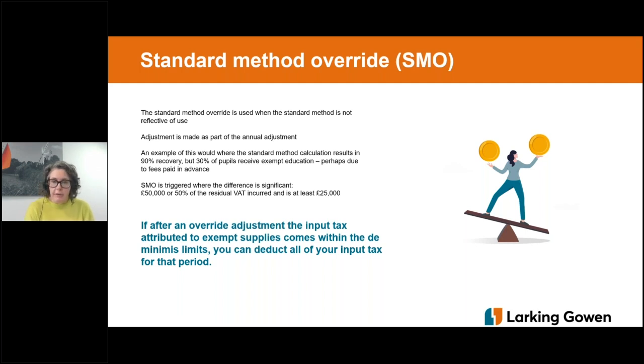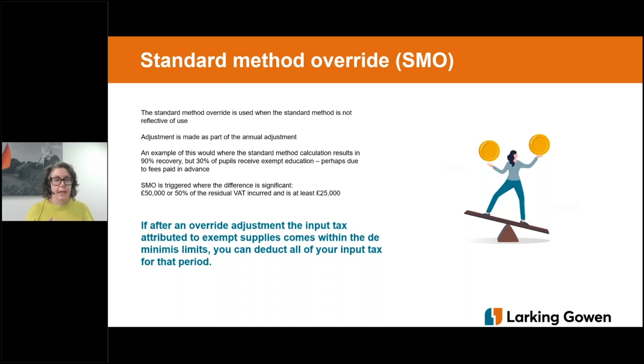So let's look at a little example. Our standard method calculation based on income gives us a 90% residual recovery rate. But perhaps 30% of our pupils are actually receiving exempt education, maybe because they paid fees in advance prior to the 29th of July 2024, so that's exempt income. We might need to think about the standard method override in that scenario.